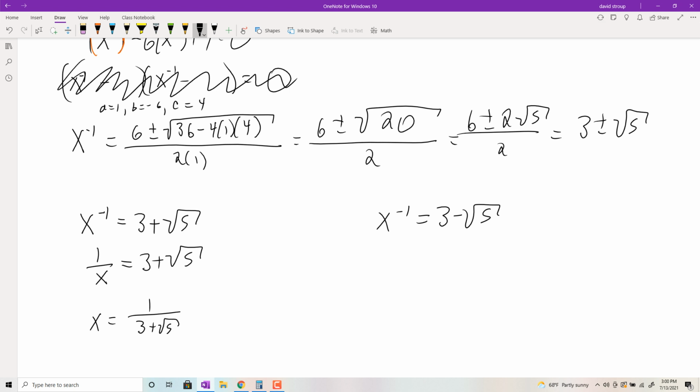Technically, what you do is multiply both sides by x, and at the same time divide both sides by 1 over 3 plus root 5, and you end up with the same thing. Over here the x's cancel, and that gives you the 1 all over 3 plus root 5. Over here the 3 plus root 5's cancel, and you're just left with the x.